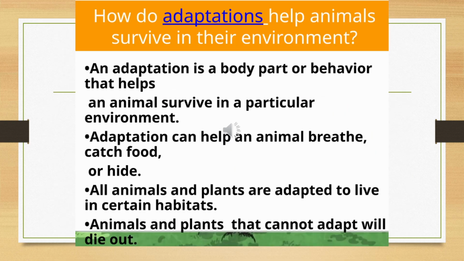So, adaptations help animals survive in their environment. An adaptation is a body part or a behavior that helps an animal survive in a given environment. It helps the animal to breathe, get food, or even hide. All animals and plants are adapted to live in certain kinds of habitats. If they cannot adapt, they will die out.